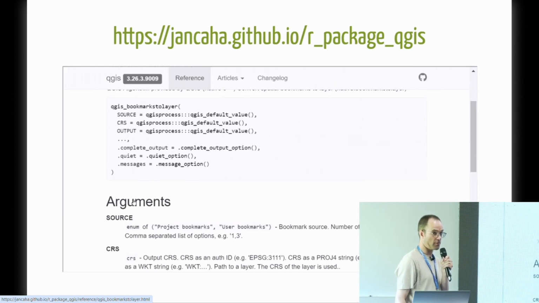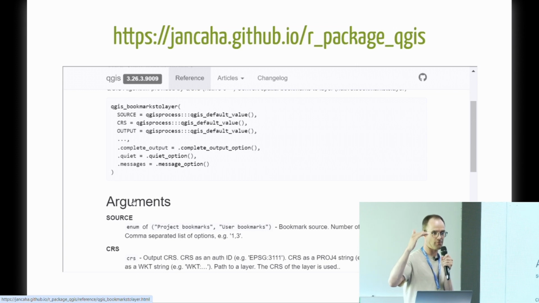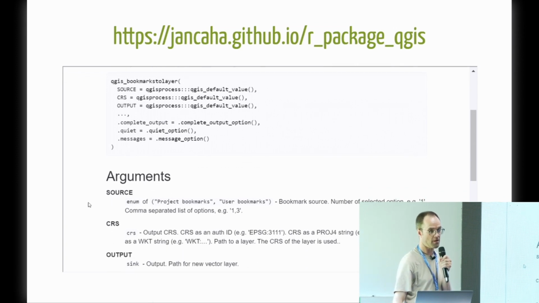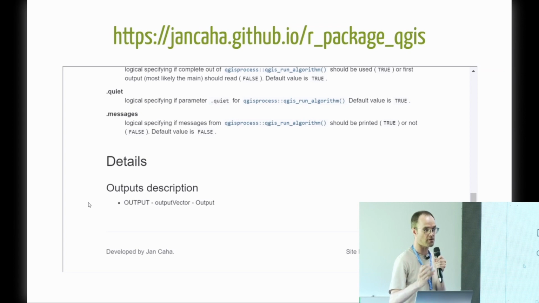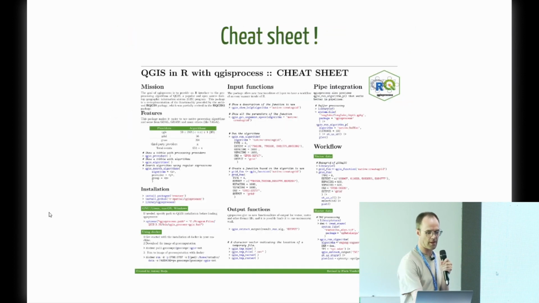One important advantage of the QGIS package, by having these algorithms as separate functions, is that the arguments from the QGIS algorithm documentation actually are present here in this website and as well in the R help documentation for these functions.